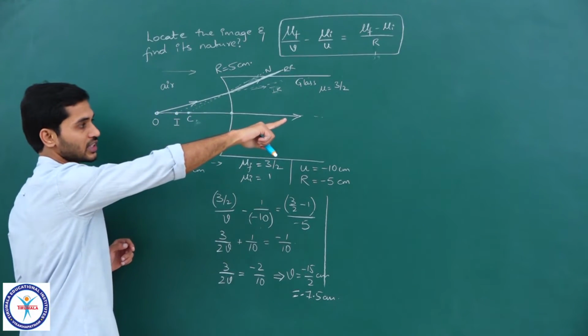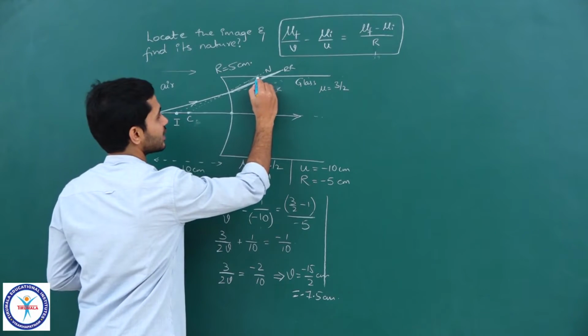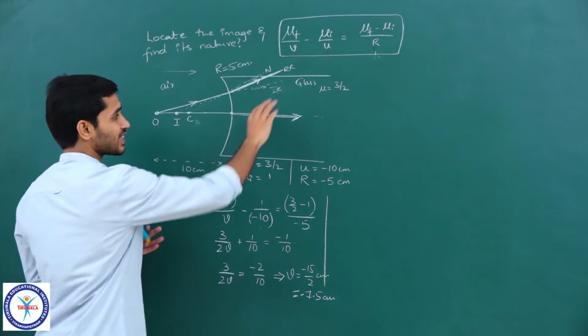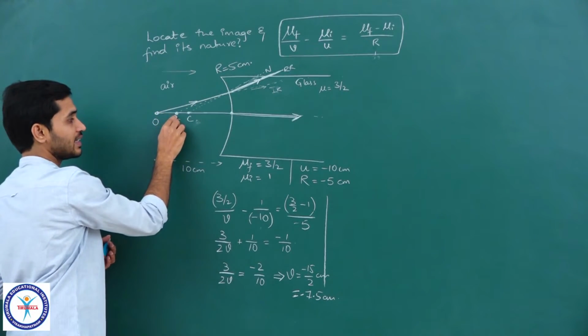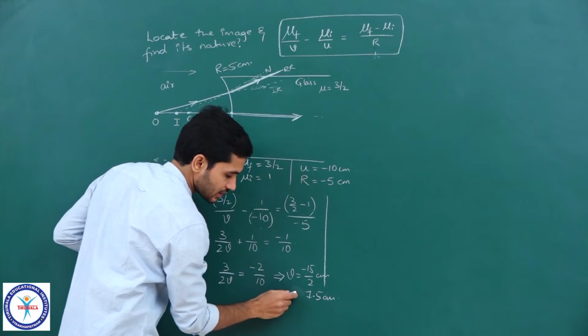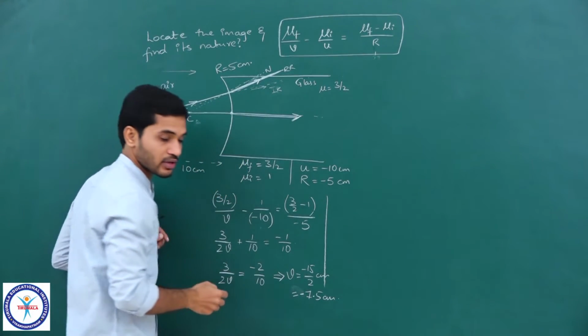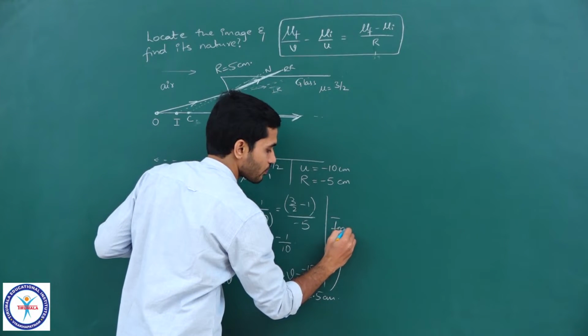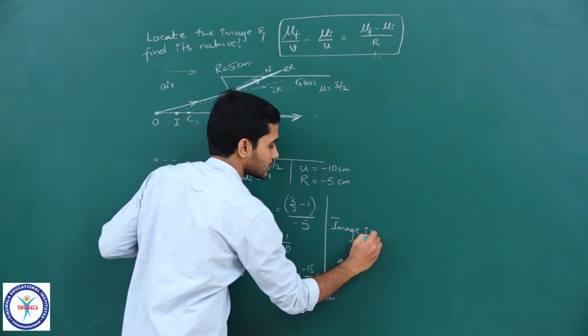The person who is seeing from that medium is receiving this light ray and this light ray. So, what is he doing? He is just extending them backwards and thinking that it is coming from here. So, it basically means that this value which I got, minus 7.5, tells us that the image is virtual.